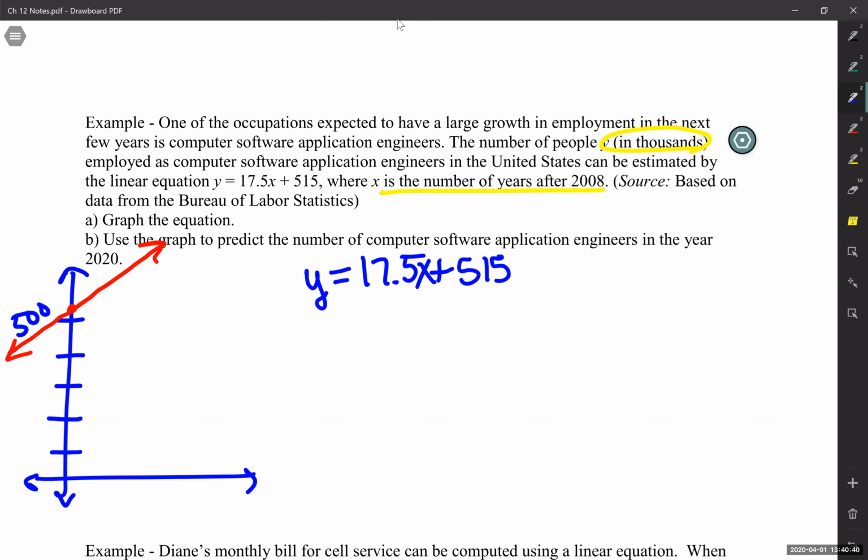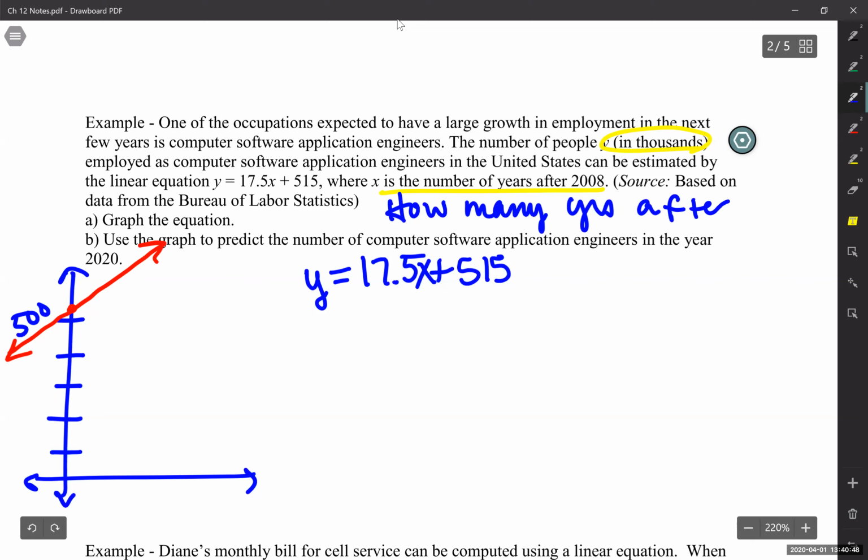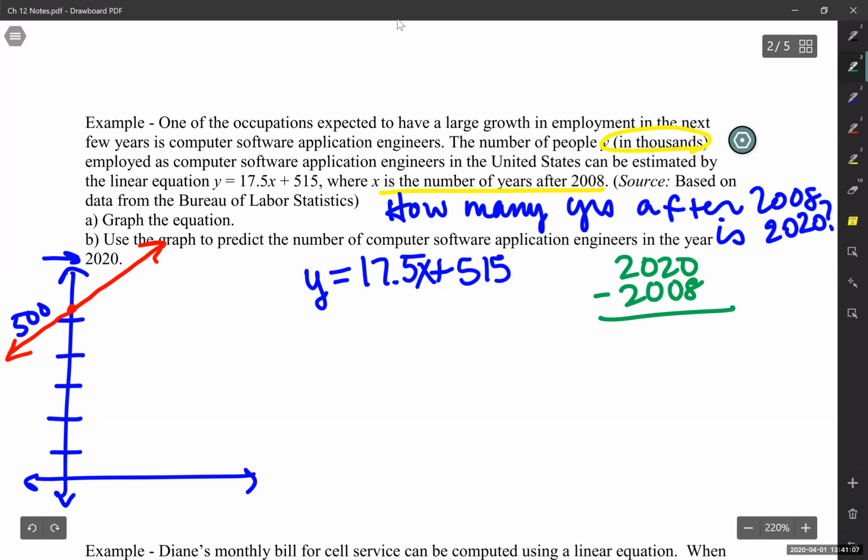So what I want to know is how many years after 2008 is 2020, because that's what the question's asking about, the year 2020. Some of you just look at this and know. Other people want to write it out: fine, we subtract, and we get 12 years.